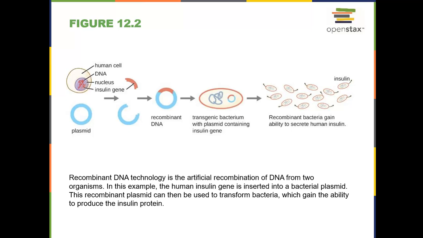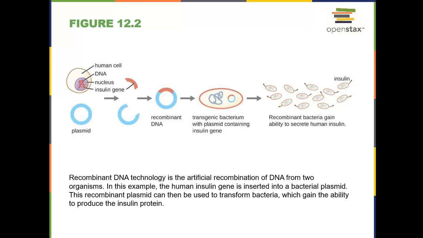And then E. coli doesn't know what it is, so it's just going to make that protein over and over again because it just does that. So then it is able to secrete insulin, and then we can gather it up and then use it to give to people.